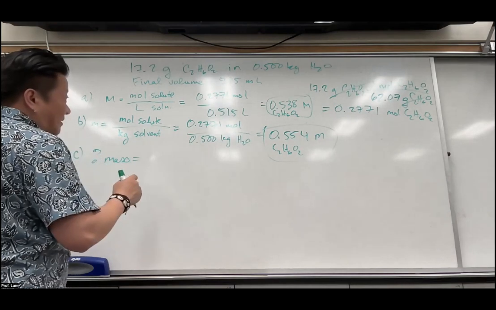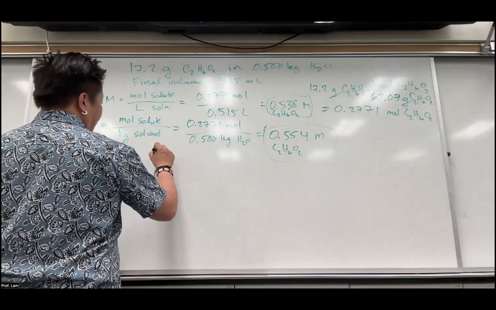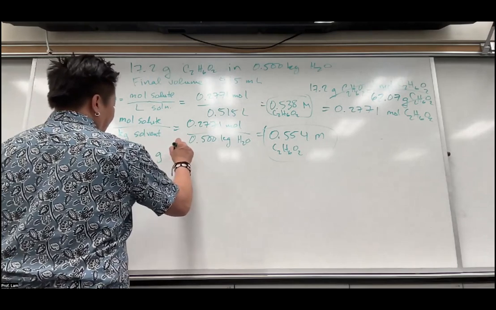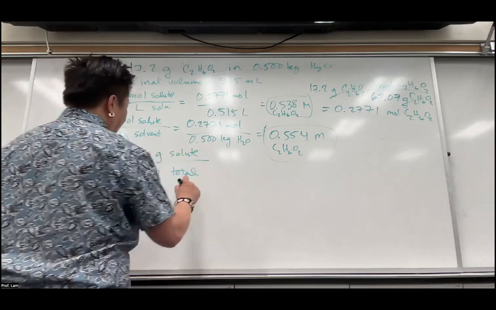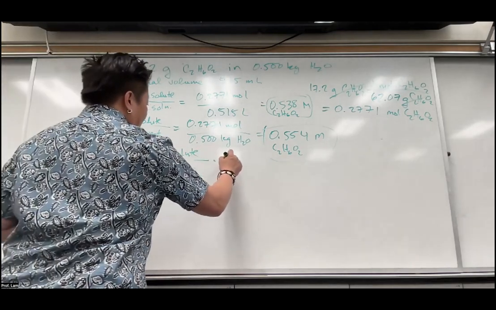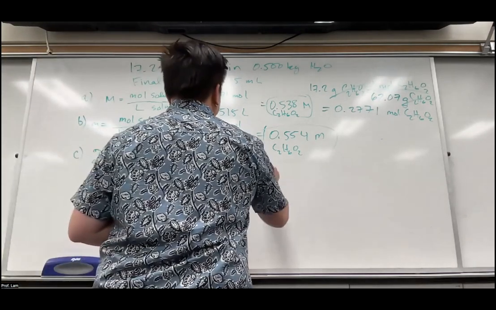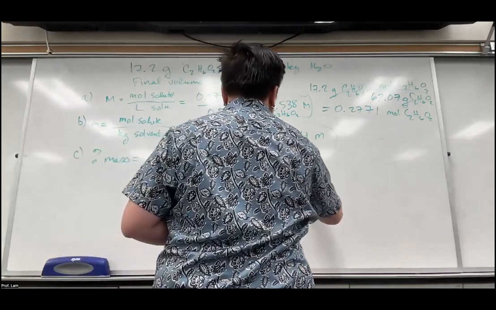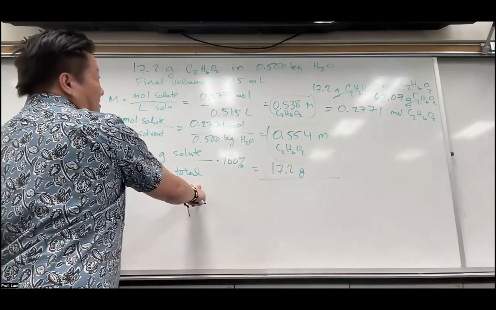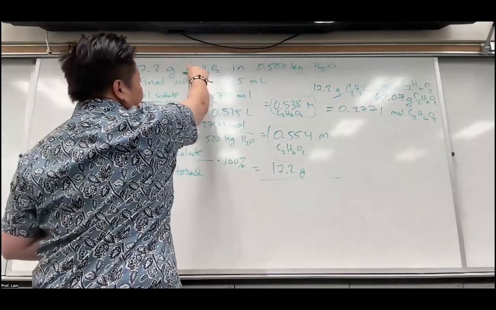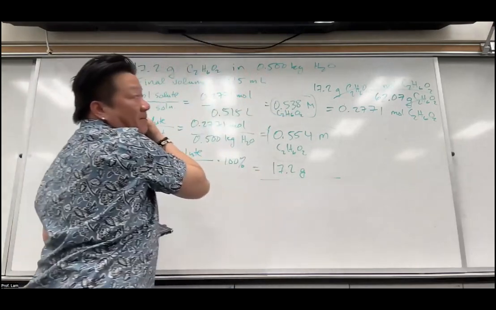Percent by mass is going to be grams of solute over grams total times 100%. So what's the grams of the solute? 17.2 grams over the total grams, which is grams of the solute and the solvent. The solvent is in kilograms, so just multiply that by 1,000.